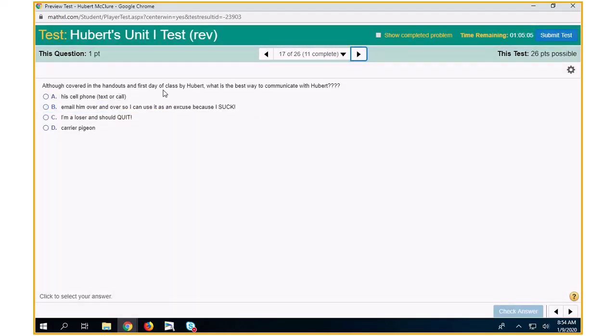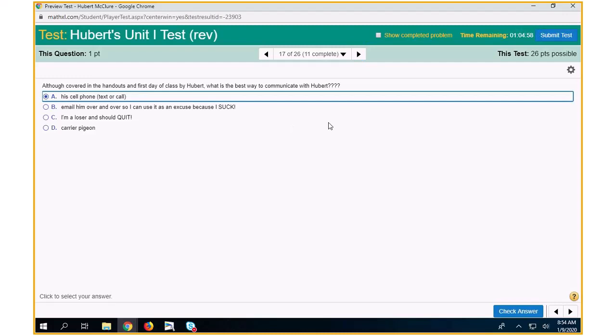Although covered in his handouts, what's the best way to communicate? Cell phone. Now, I know some of y'all are paranoid and think that everybody wants your cell phone number. I could care less, okay? I don't care if you email me or everything. Do you think me being a techno geek like I am, do you think I go in and check my email on my computer in my office?